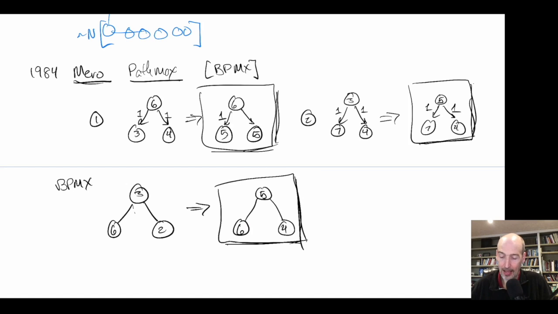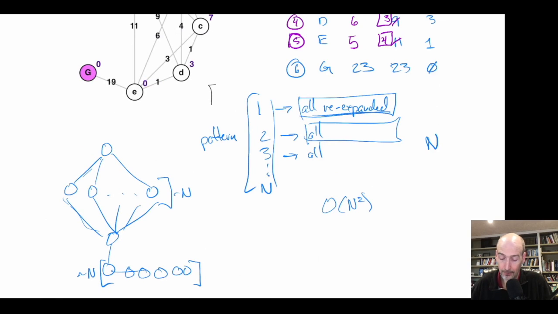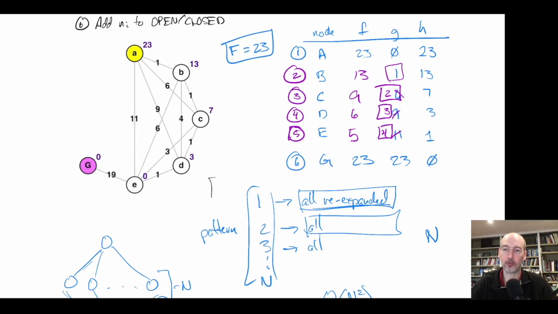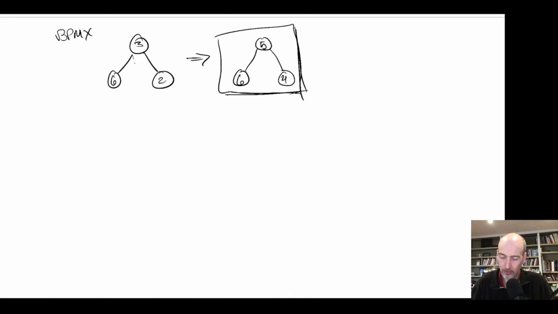Because every time I take a state and I reopen it, when I'm thinking about my inconsistency, what actually goes on is that we're lowering the F cost of a state we've expanded before. So let me show a couple of things here, and then we'll talk about what can happen. So the question is, what is the cost of BPMX? And then we'll look at overall what can happen.